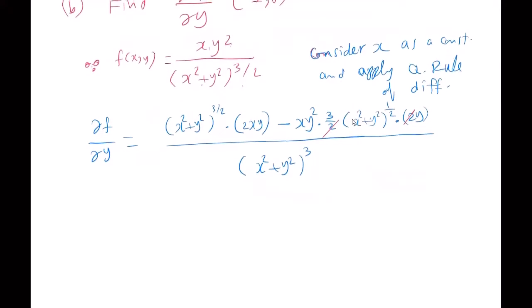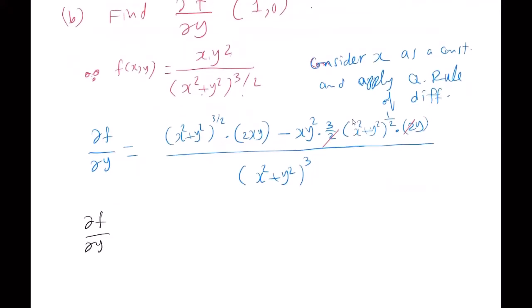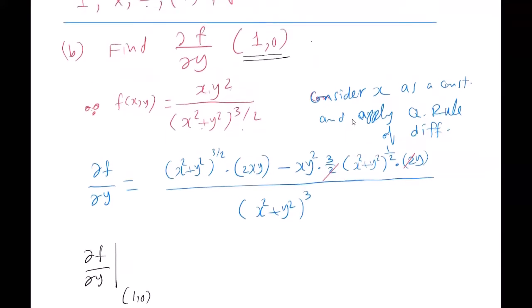Therefore, partial f partial y at (1, 0) — these are the two notations we have, and either will give you the same result. Here x is 1 and y is 0, so plug in x equals 1, y equals 0. Here we have 0 because y is 0, so the product is 0.